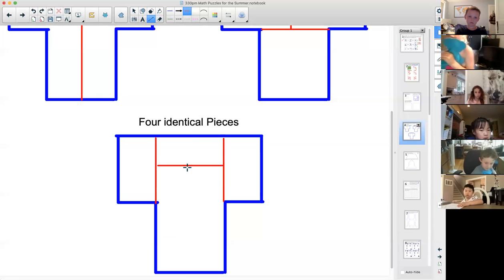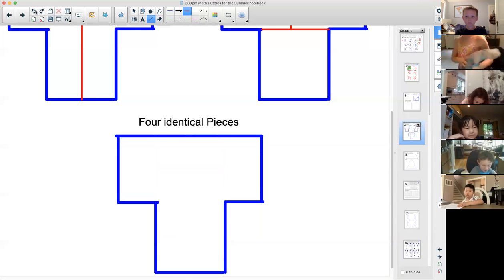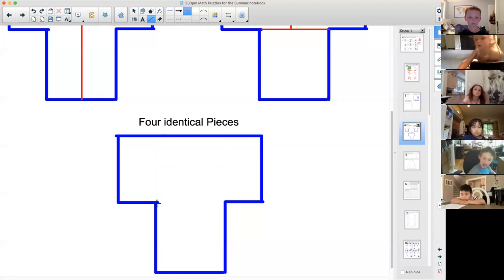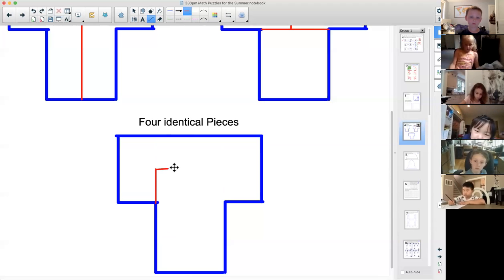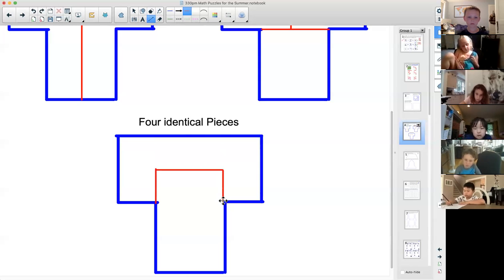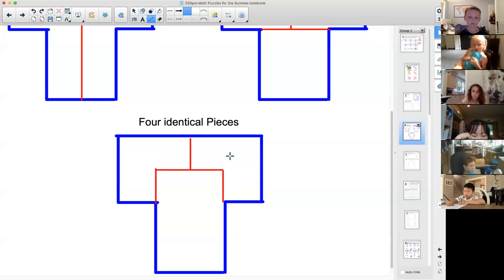Would everybody like to see Mr. Kramer's idea? Because I have an idea that I think might work. Are you guys ready? Okay, watch this. I'm gonna go up to the middle, and then I'm gonna go all the way to that piece, and then down. And then look what I created. 2 L's.